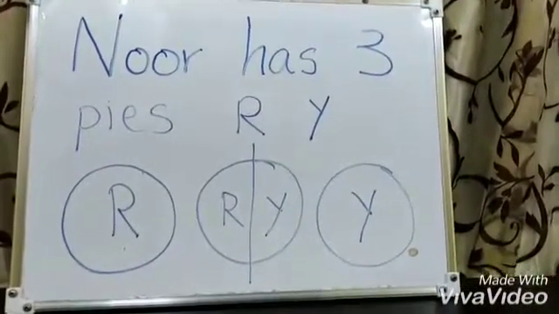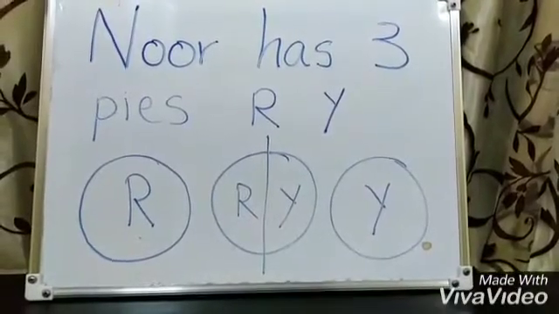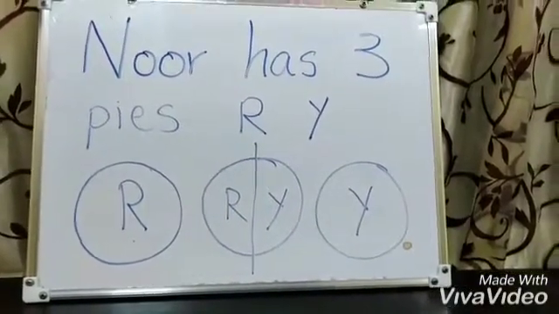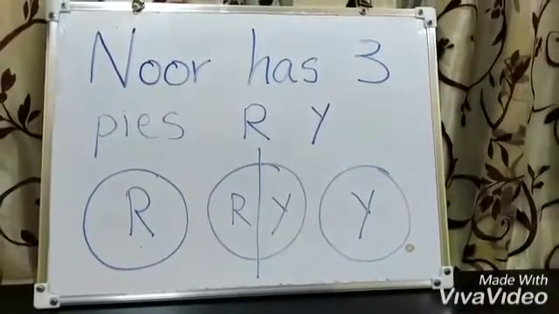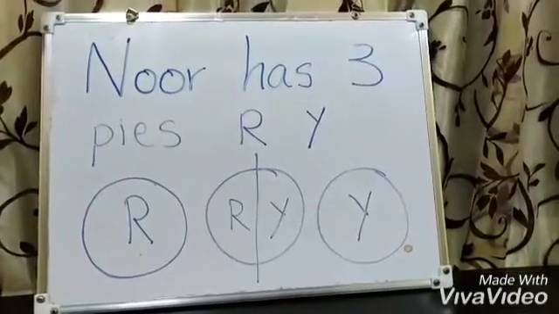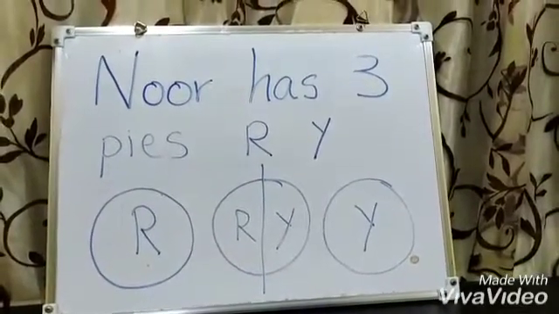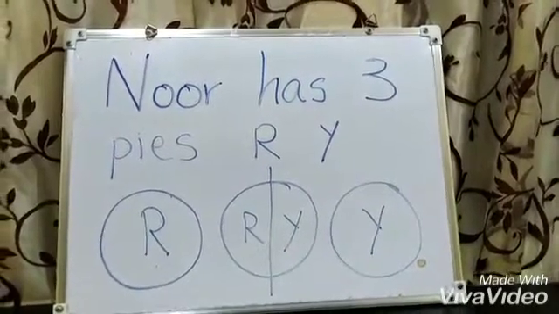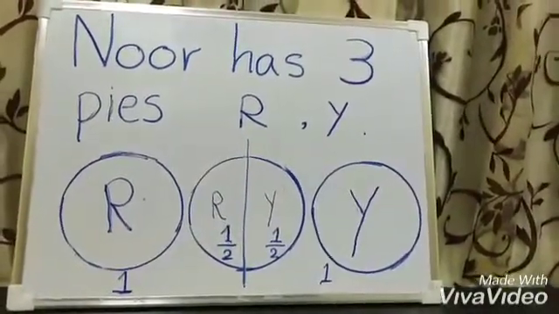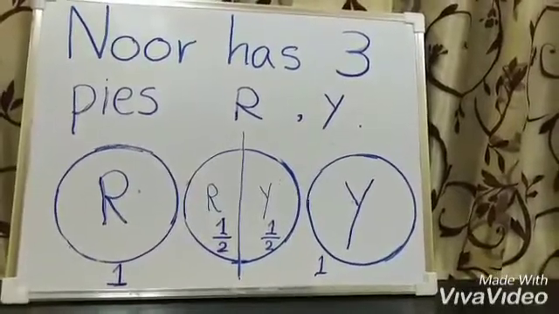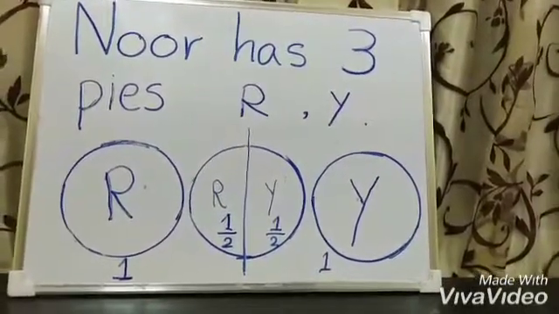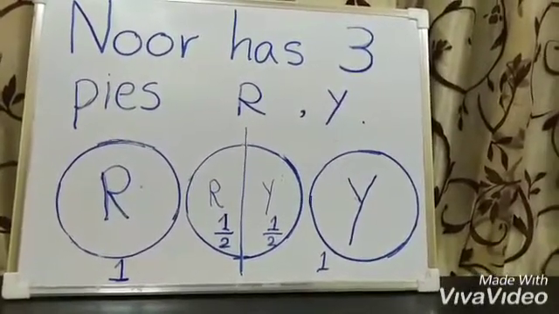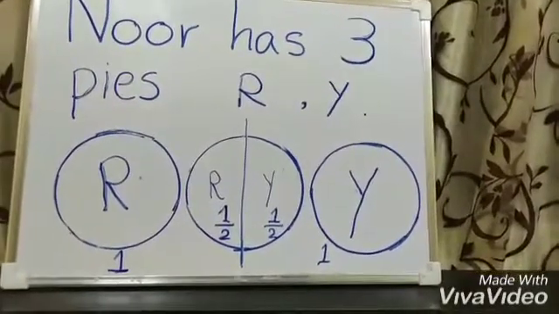To share the 3 pies equally between Rinad and Yamina, each one of them must have the same amount of pie, which means 1 and 1/2 for Rinad, 1 and 1/2 for Yamina. So Rinad will take 1 whole pie and 1/2 of the other pie, which means 1 and 1/2.